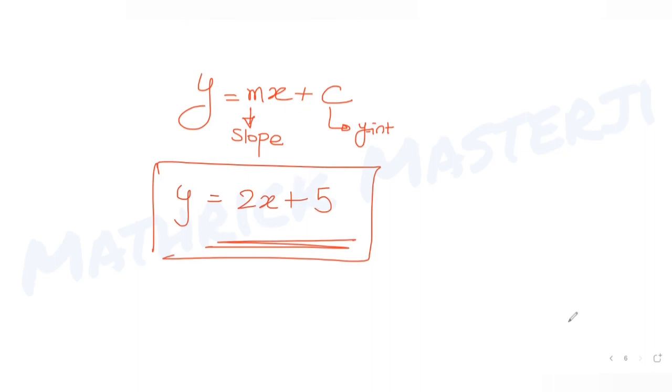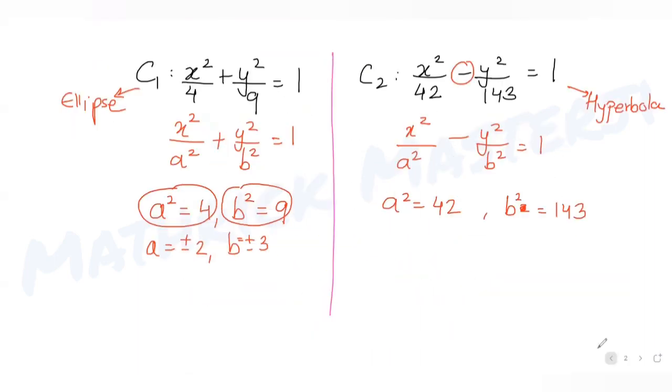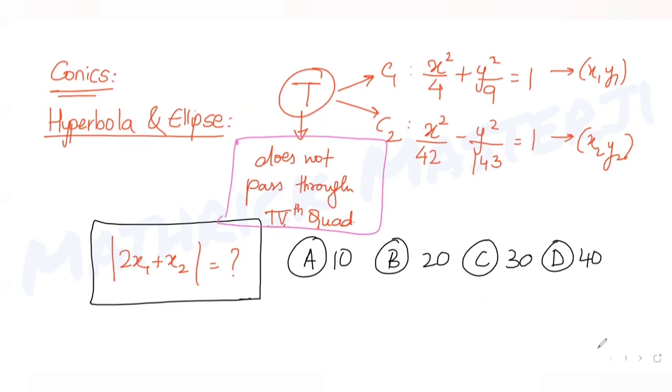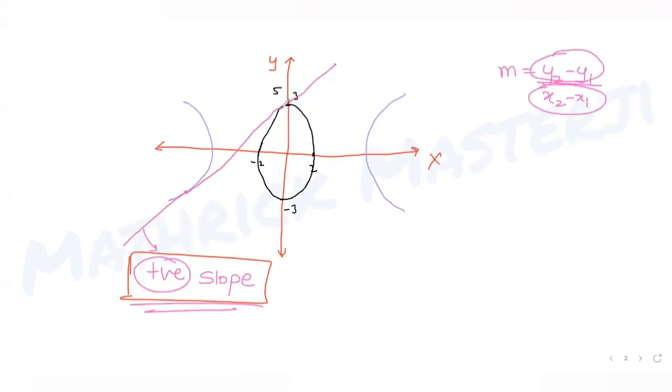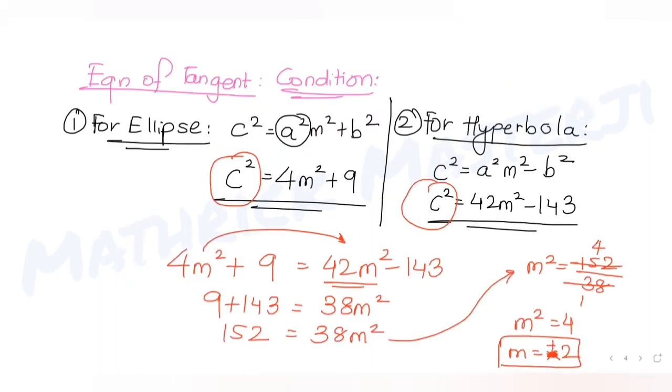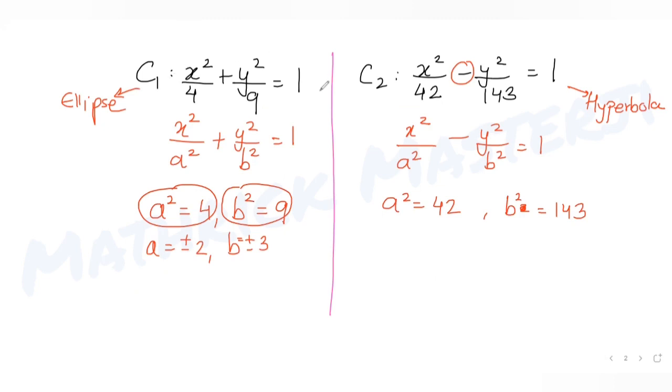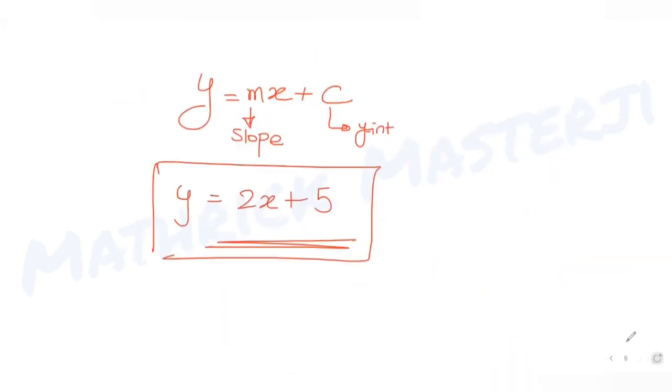Now once you got that, you understand that this tangent passes through the ellipse, it also passes through the hyperbola. So when it passes through the ellipse, that tangent will satisfy the equation of the ellipse. So I will use y as 2x plus 5 and put that in the equation of ellipse, that is x square over 4 plus y square over 9 equals 1.